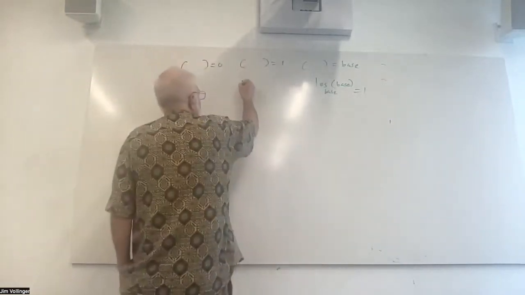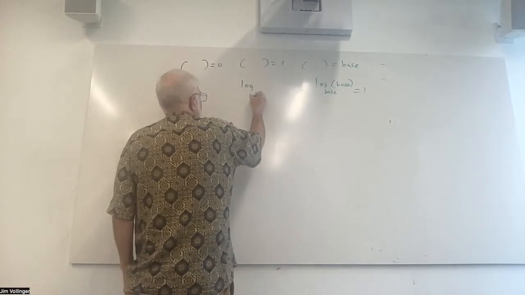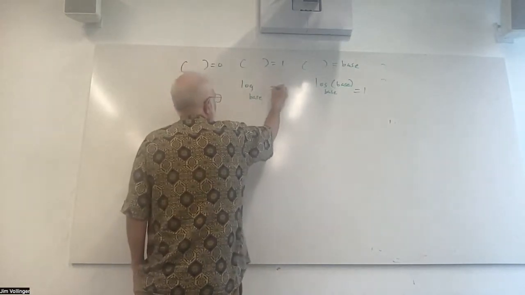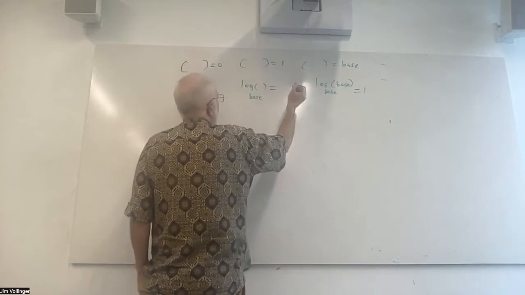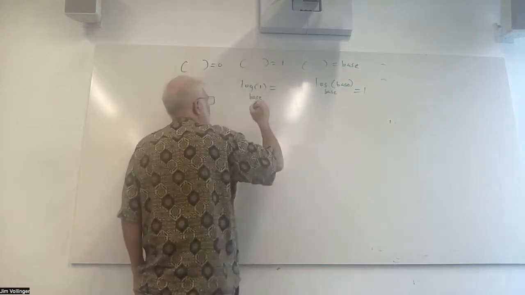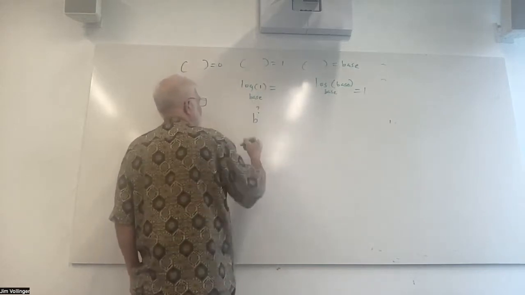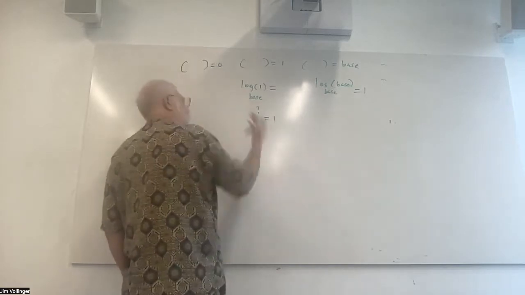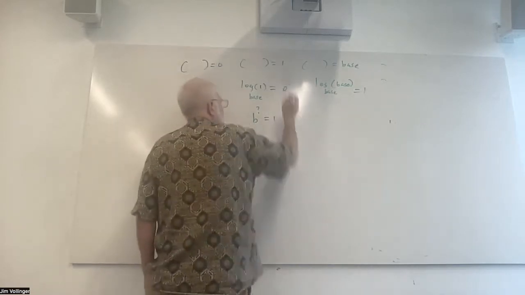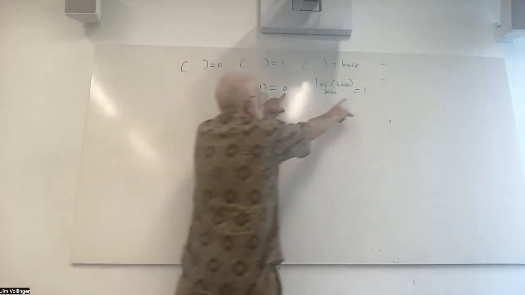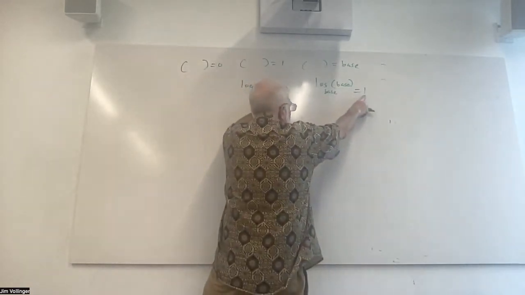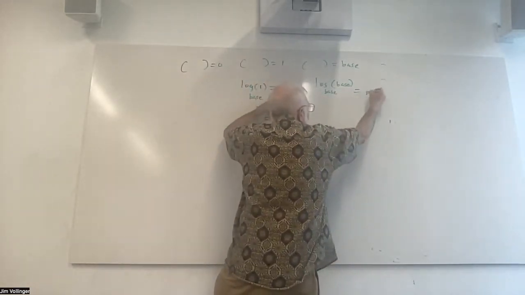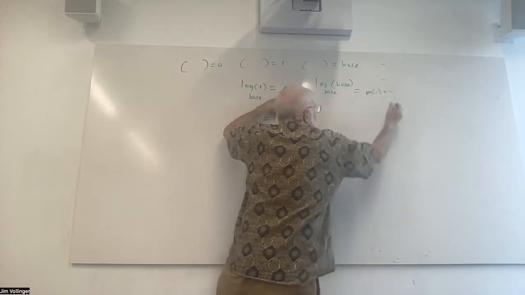If I have a base and I know that the parentheses is a 1, then I'm really asking the question, b to the what is 1? I want you to know that for certain. That's a 0. Those are 2 good numbers to work with, because once you find them, you're basically going to multiply and add.